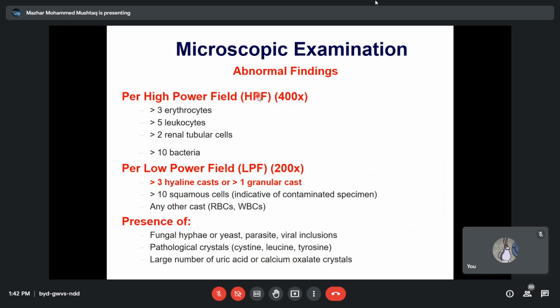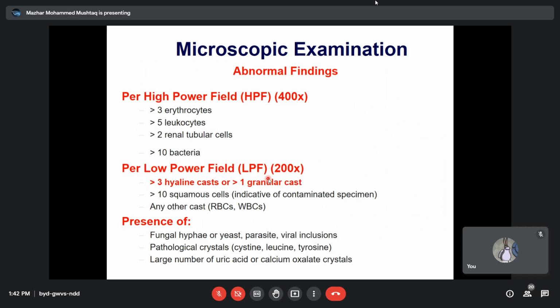In the high power field, the erythrocyte can be seen, the leukocyte can be seen, the renal tubular cell can be seen. Sometimes some bacteria you can see, but this is very rare. So you must know what things you can see with the HPF.